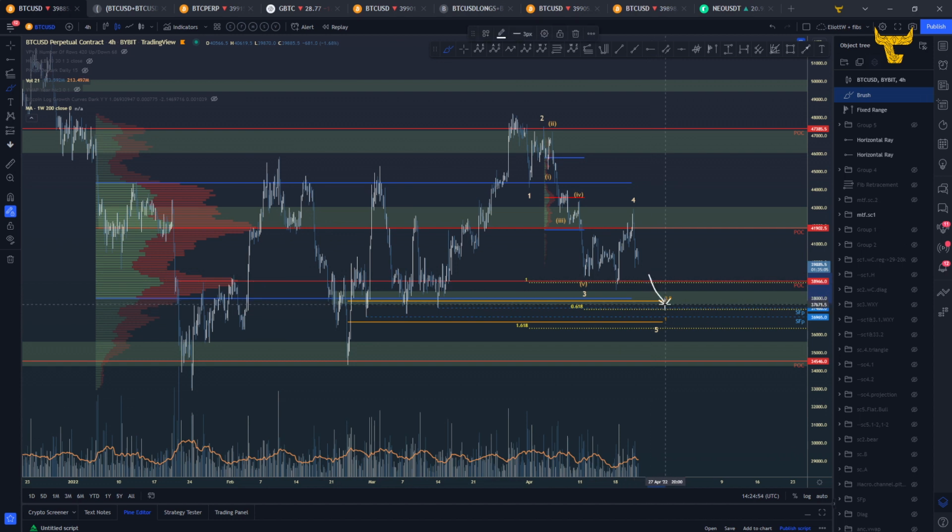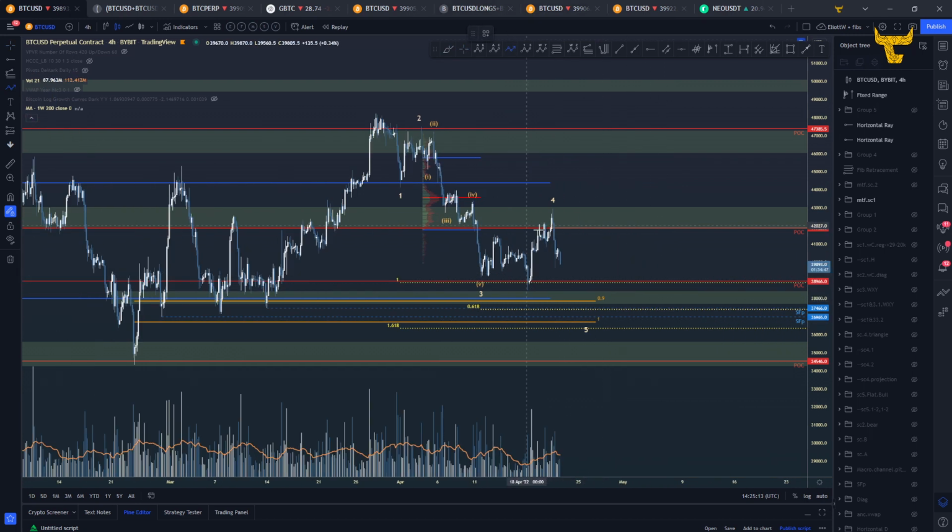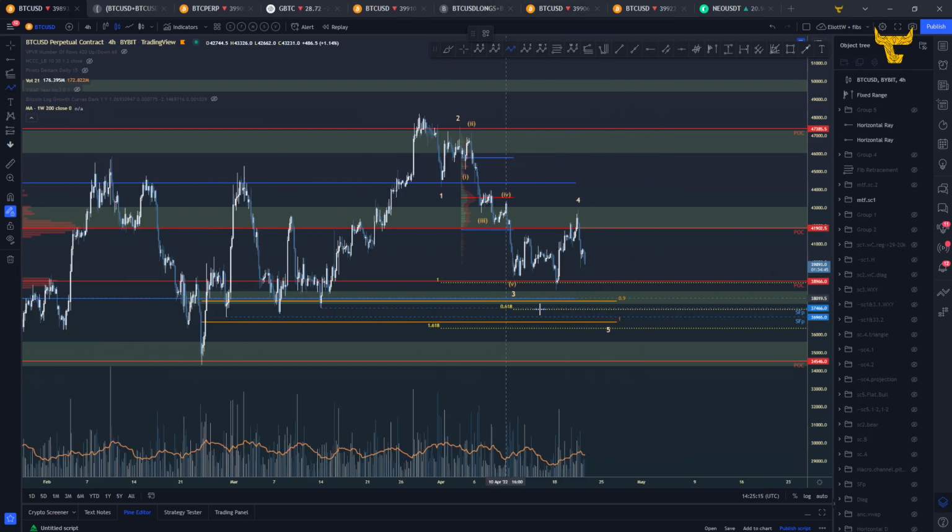So if we go below, it means that there's most likely a lot of people that are underwater, and so we have a good potential for some kind of small capitulation event here. That's why I'm also reading this as an incomplete 5 waves for now, as my main idea.